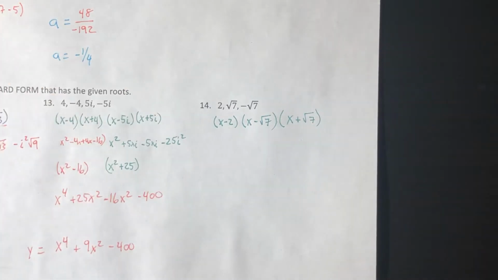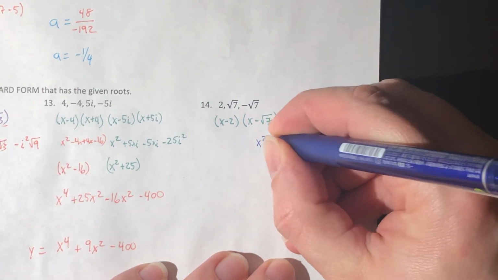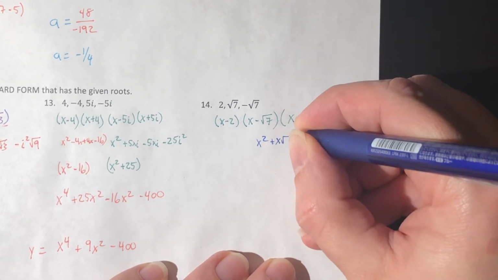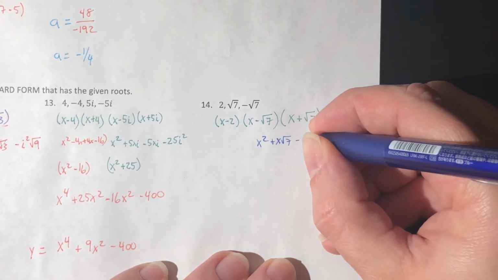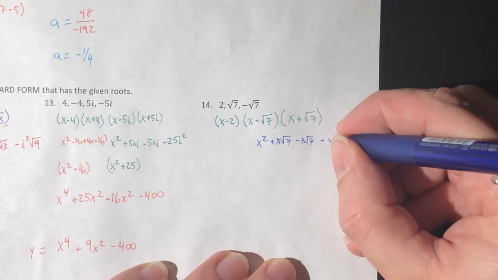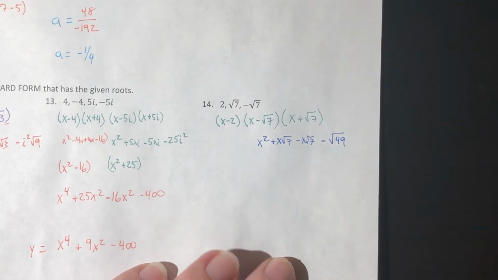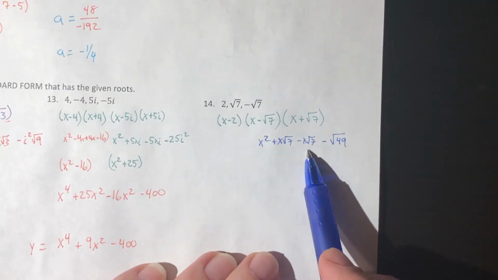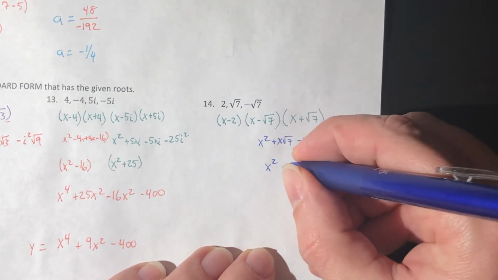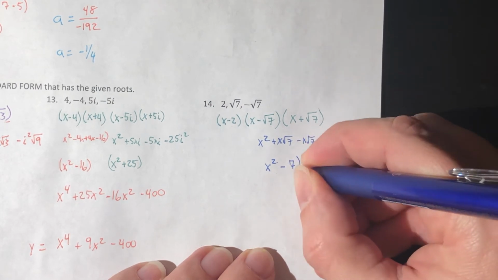Starting with your pairs, x times x is going to give me x squared plus x root 7 minus x root 7, then minus the square root of 49. Those x root 7s cancel. So I have x squared minus the square root of 49, which is 7.